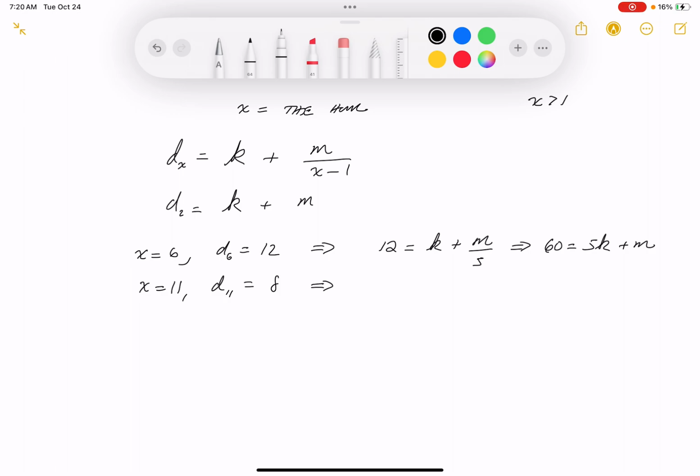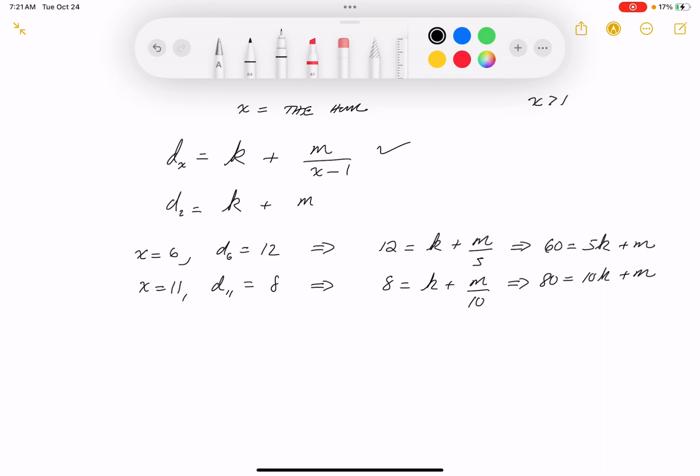Let me write this down for you. Again, we're looking at the formula. This is going to be 8 equals K plus M over 11 minus 1, which is 10. Multiply both sides by 10. You get 80 equals 10K plus M.